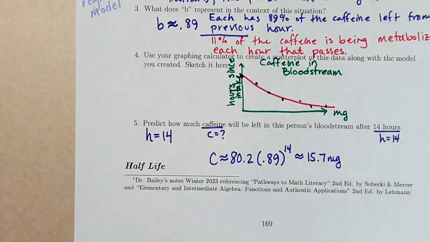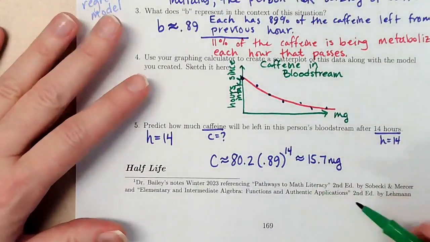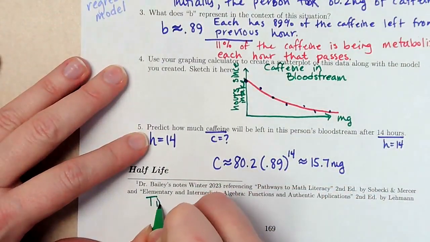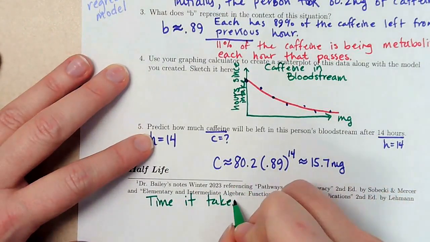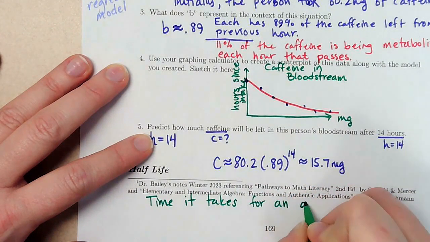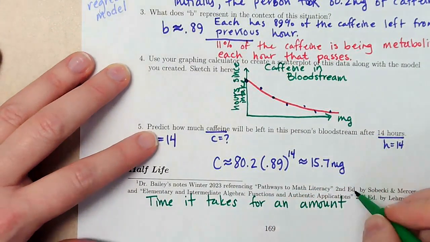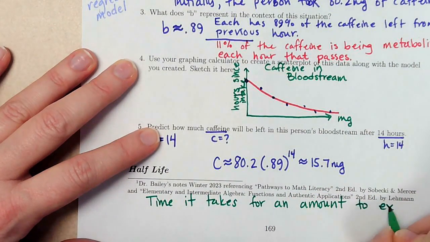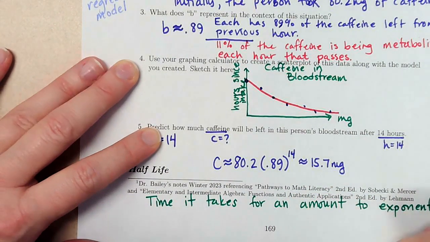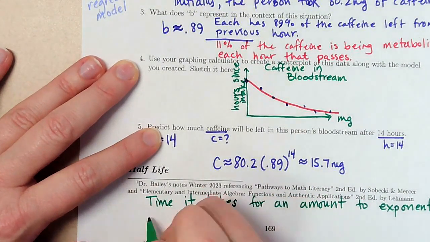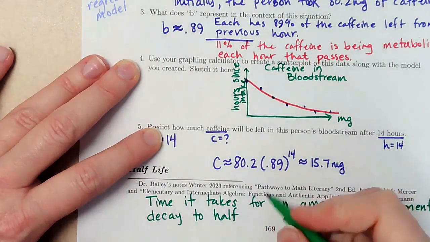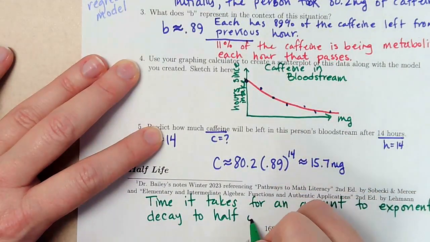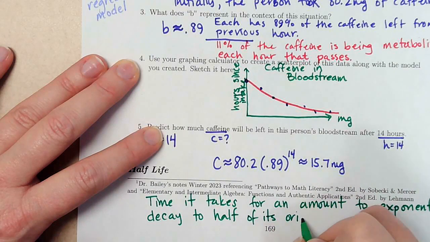Half-life. What does it mean to be a half-life? It means that is the time it takes for an amount to exponentially decay to half of what it started as, or half of its original amount.